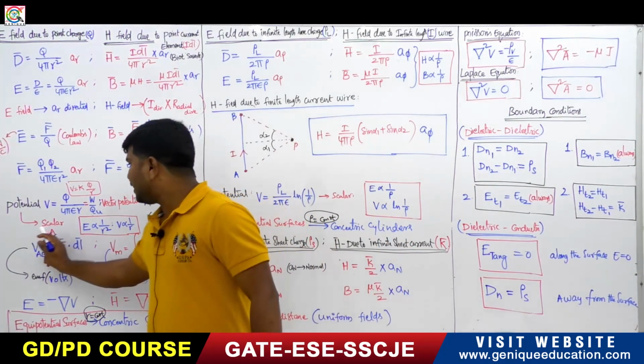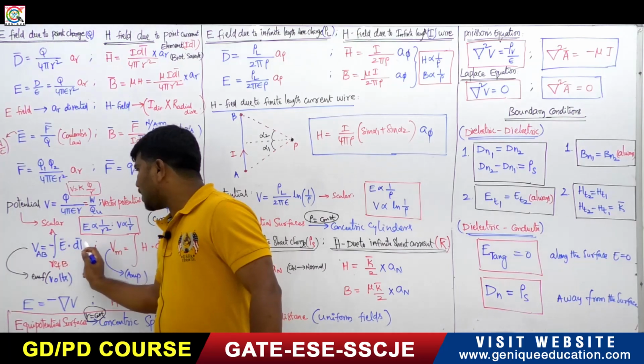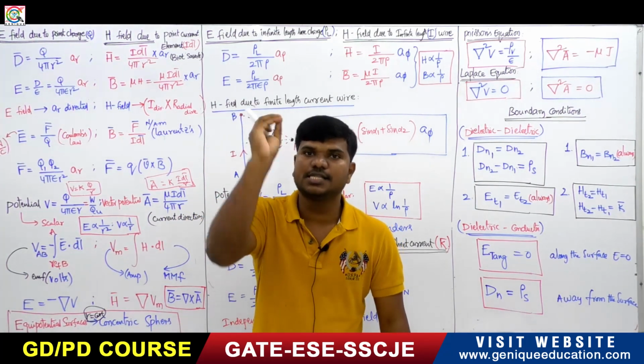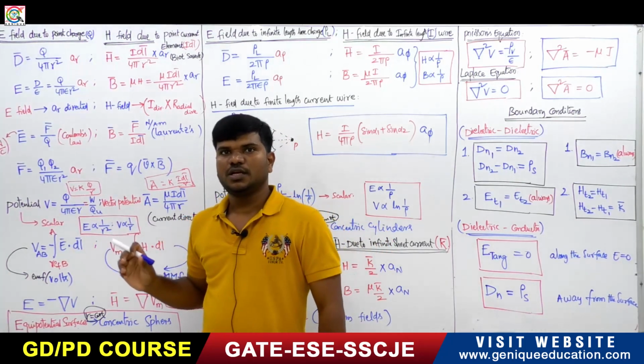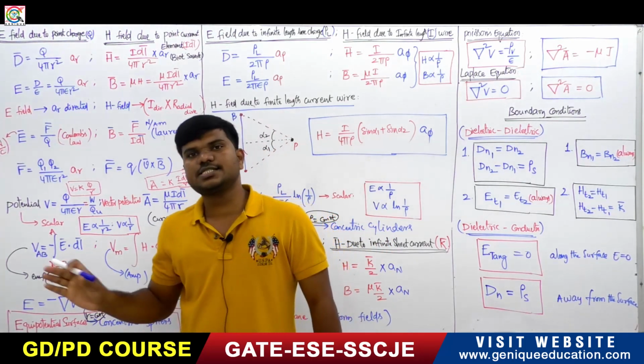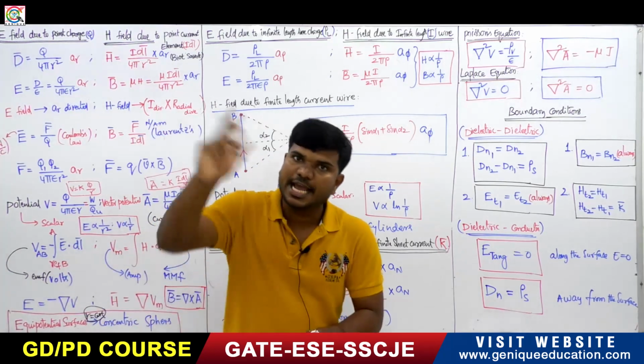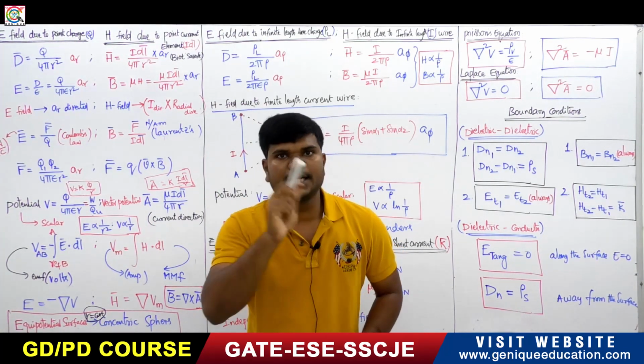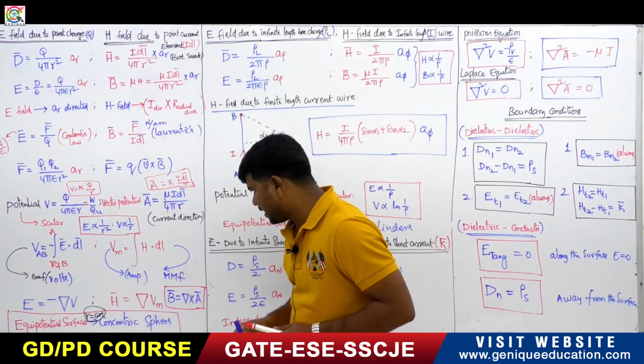So after finding minus integral E dot dl, if it is positive, the work is done by the charge. If it is negative, then the work is done by the electric field. That is the point you have to understand.